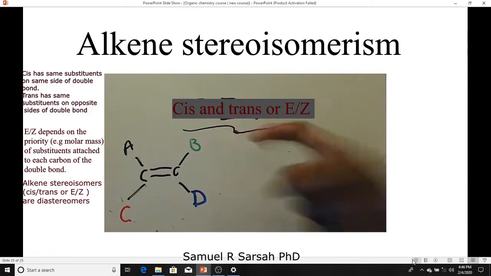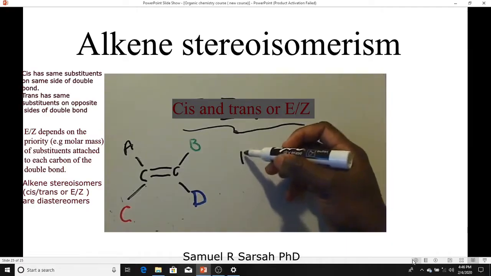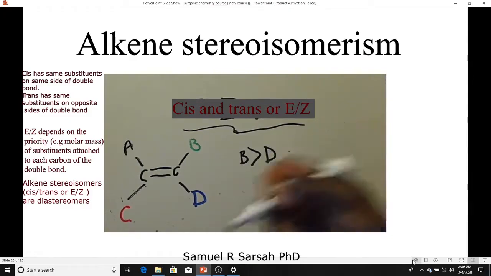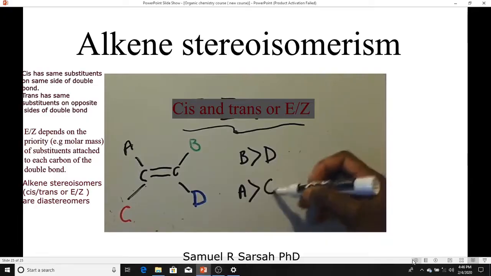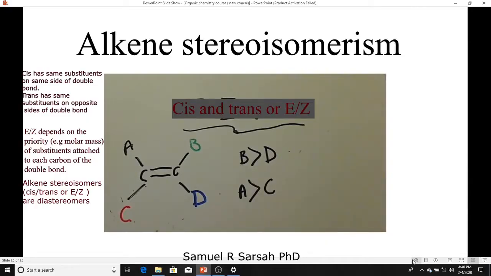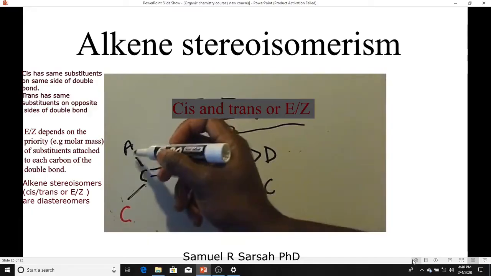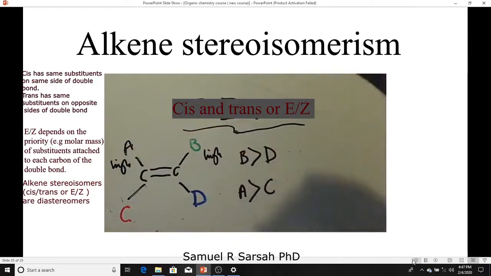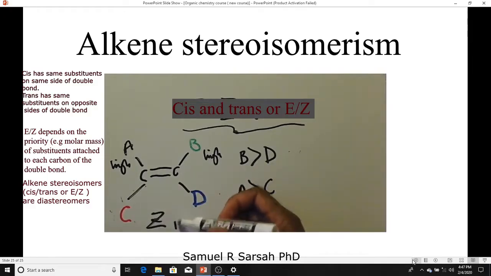Let's say on this side, B is higher than D, and on this side we can say maybe A is higher than C. Then if groups of higher priorities are showing on the same side of the double bond, this will be Z. That will be Z isomer.